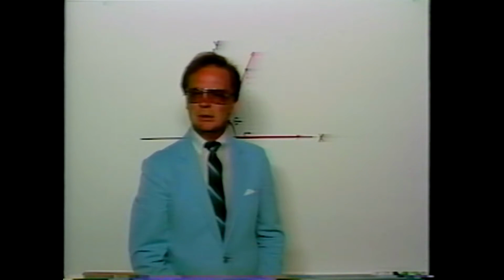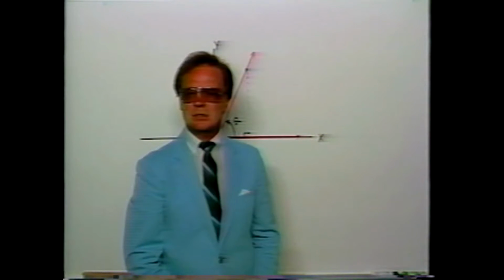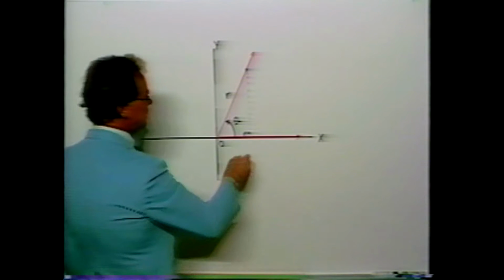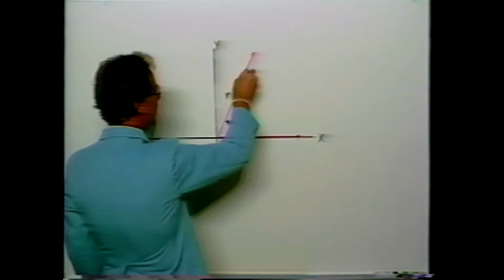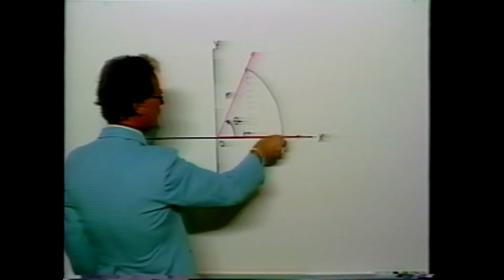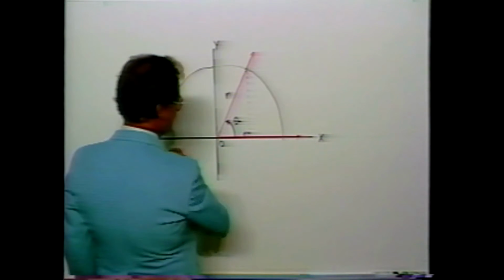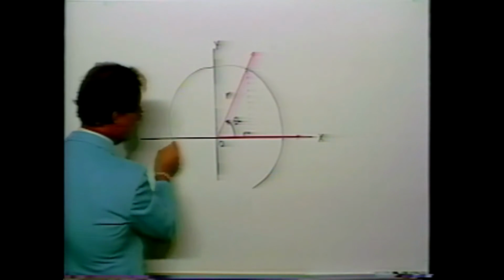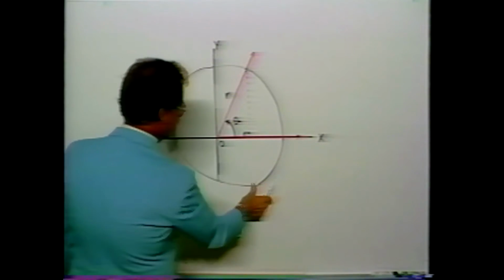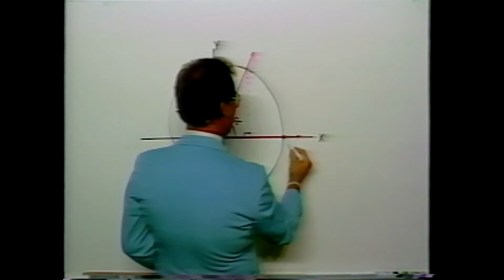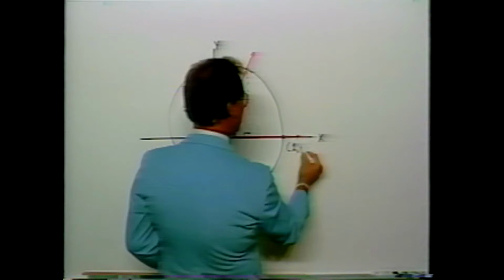If a unit circle is drawn using the origin as the center, then the sine is the projection of the terminal arm length to the vertical axis, that is, the y-axis. Let's assume that this, as close as I can get it, is a unit circle. Then this is the coordinate 1, 0.